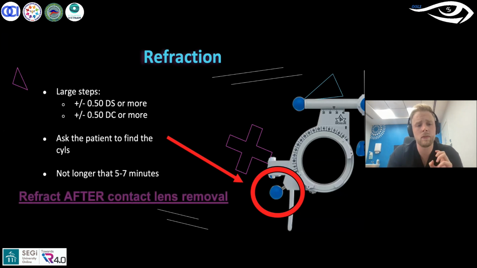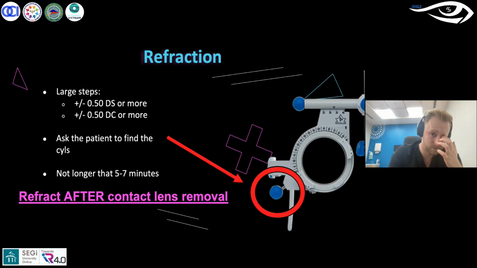And please remember, if they're a contact lens wearer, refract after the lenses have been removed. If someone wears RGP lenses 7 days a week, there's no point in refracting them once they've been out of lenses for 2 days, because it will totally change the prescription. And if you're prescribing glasses, wait until after the contact lenses have been finalized to then re-refract and just double check.